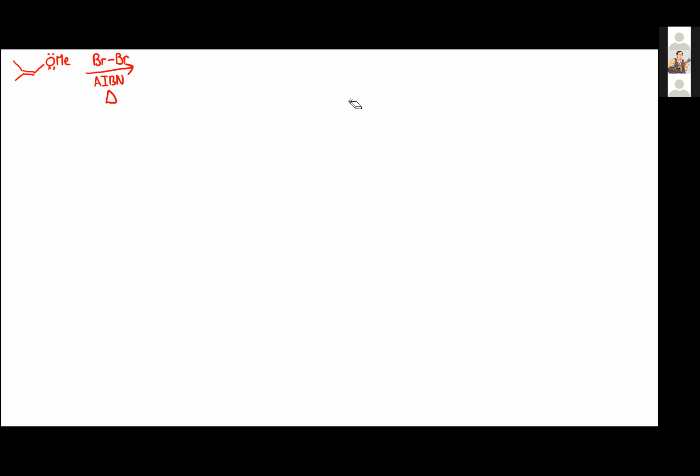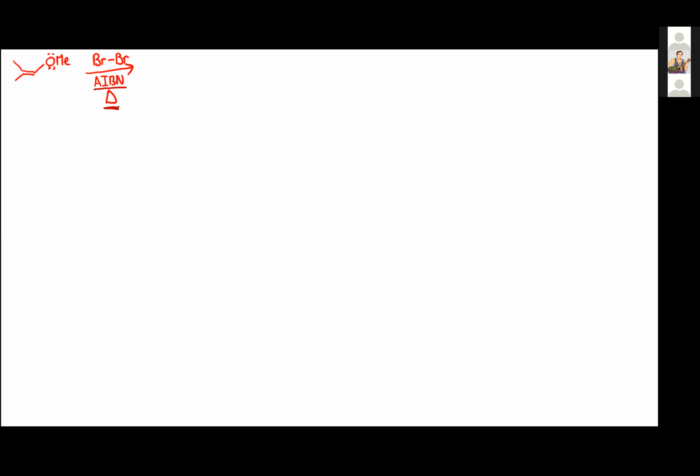Okay, so what should jump out at you is you have a radical initiator here. And so you should be thinking, radicals are possible. Now to activate this, I need heat or light, and I've got heat. So I've got what I need to do radical reactions, and radical reactions are quite fast compared to doing this ionically, the way we were doing it if there wasn't this stuff, it was just Br2.